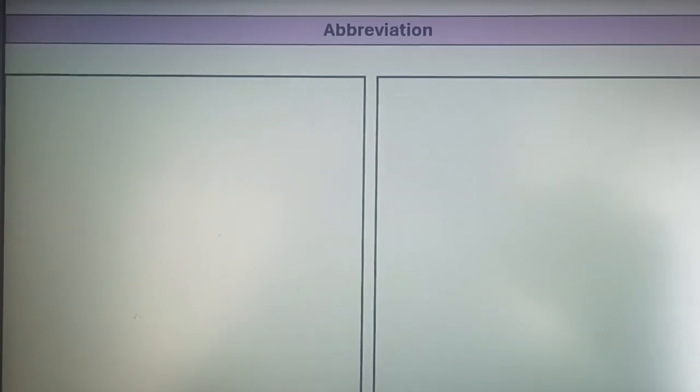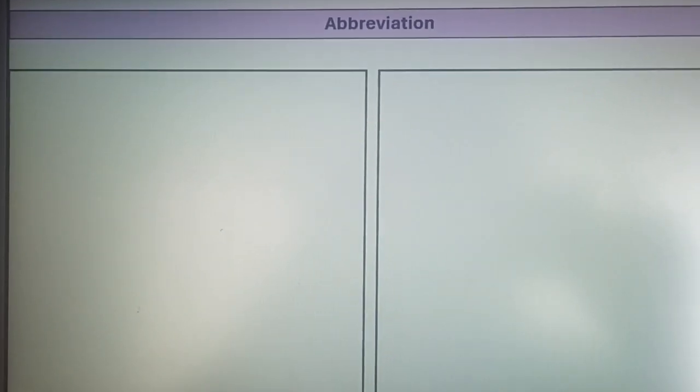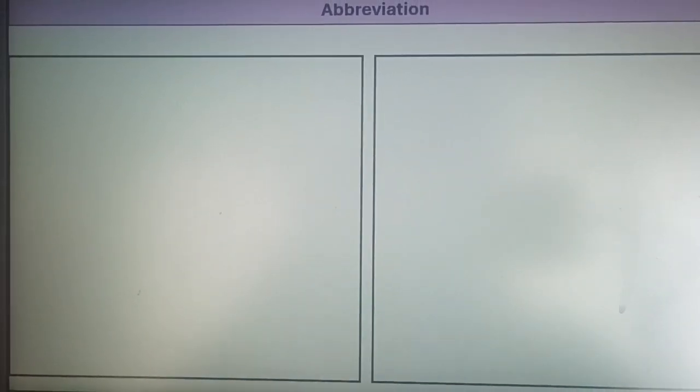Today we will discuss so many abbreviations which are used in procurement departments.